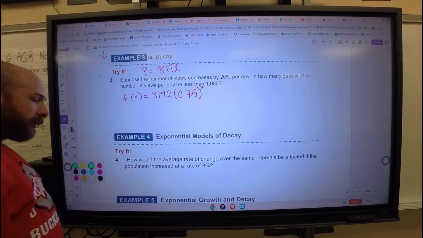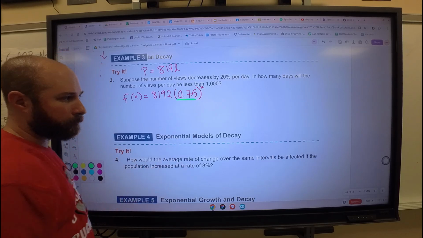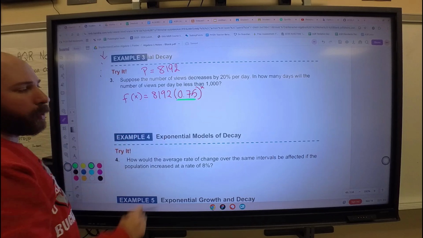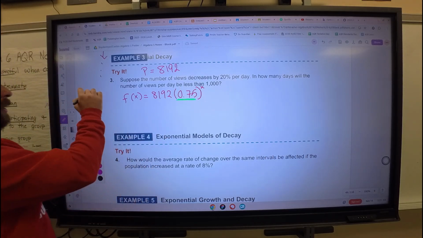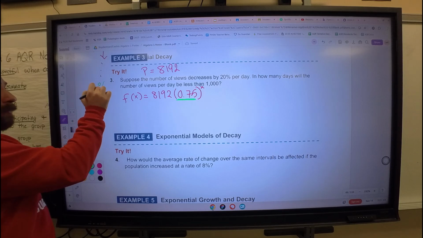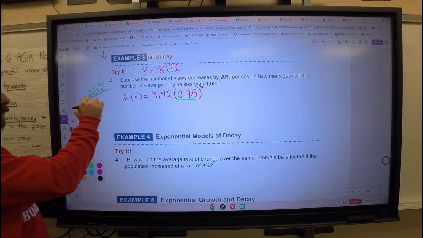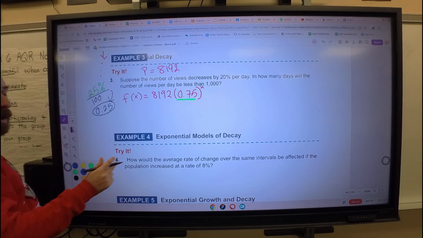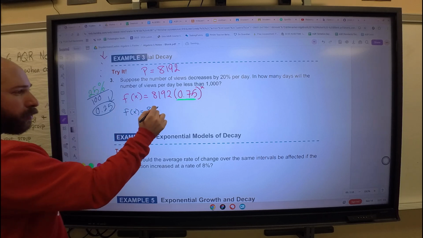Now, one of the things that's very important here is, do we know where this number comes from? We have to be able to see that. So this number, the 0.75, if you read through the problem again, the problem says that it decreased by 25%. So they change that 25% to a decimal by dividing by 100 to get 0.25. And what they did is they did their subtraction.